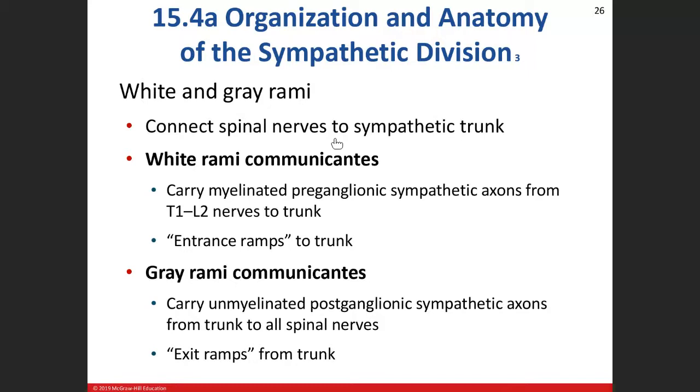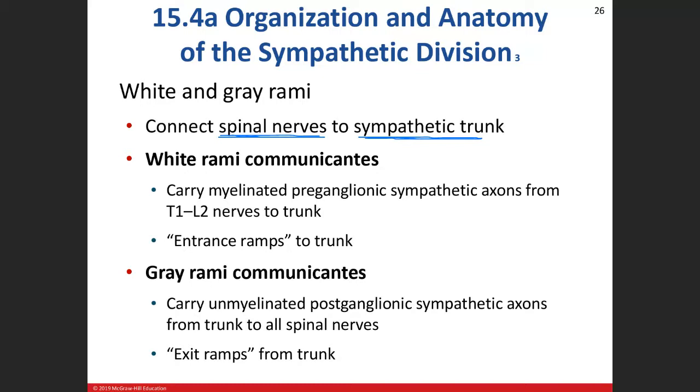And then the other branch that continues on, that's called the anterior ramus or the ventral ramus. Well, you are going to have two small branches that come off the spinal nerve that allow the spinal nerve to communicate to the sympathetic trunk.